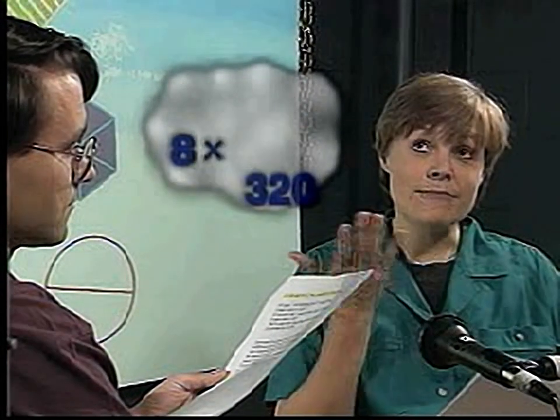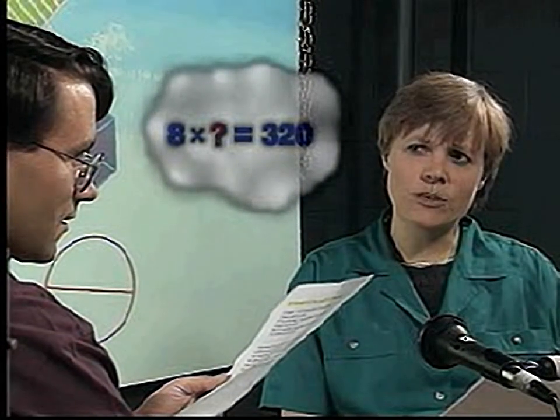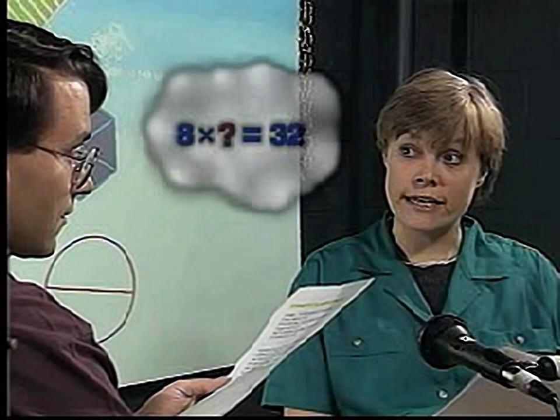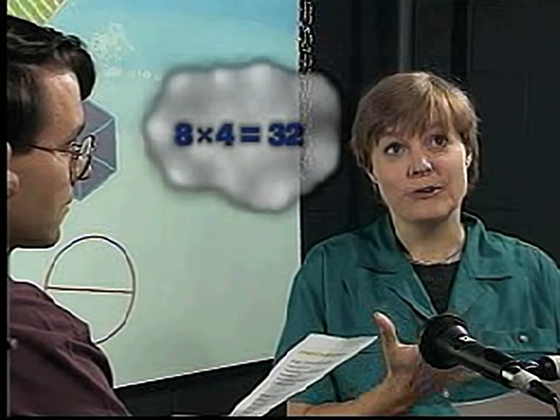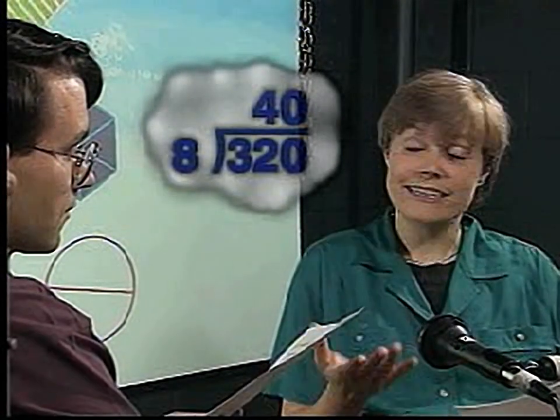Try that one. All right, 320 divided by 8 would be 8 times what is 320. If I set aside the 0 in the 320, I'd have 8 times what is 32. Well, that's 4. And then I put the 0 back on. 320 divided by 8 is 40.